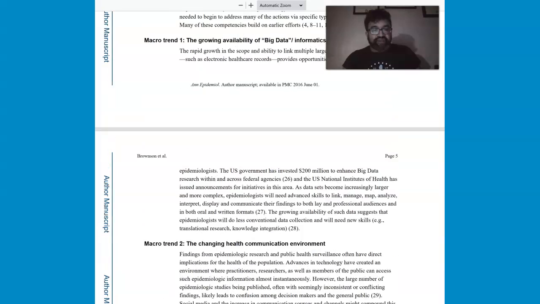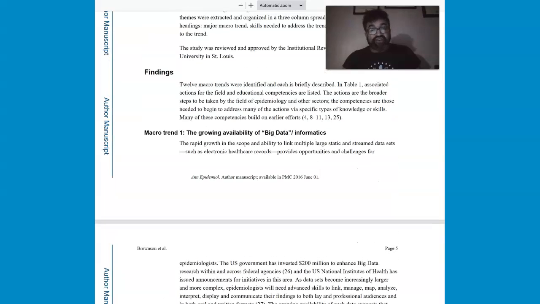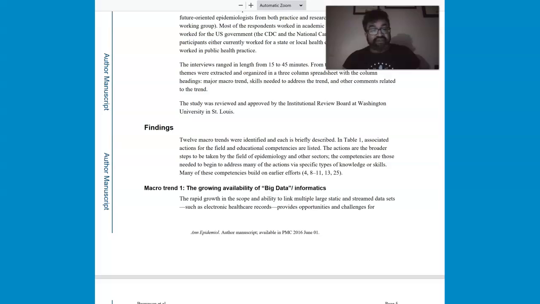So taking a look at macro trend number 1, the growing ability of big data and informatics is, of course, now even more of a possibility than ever before.